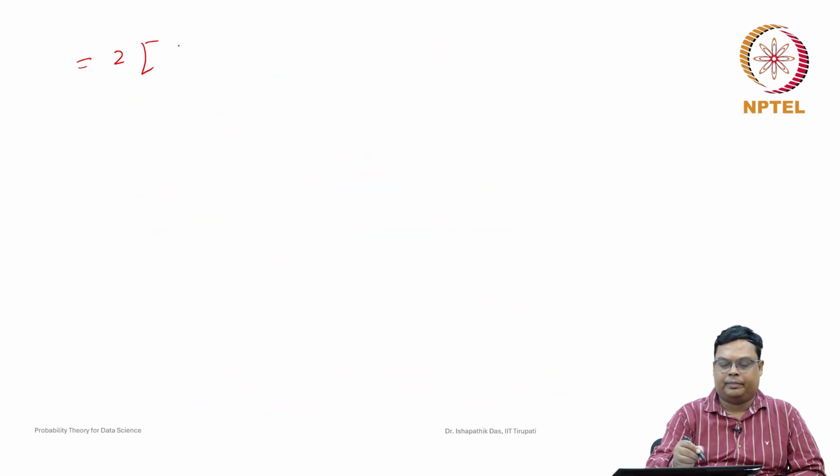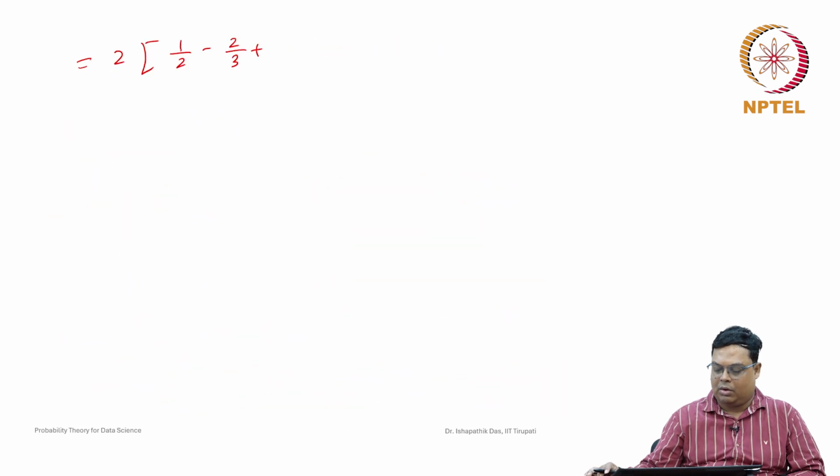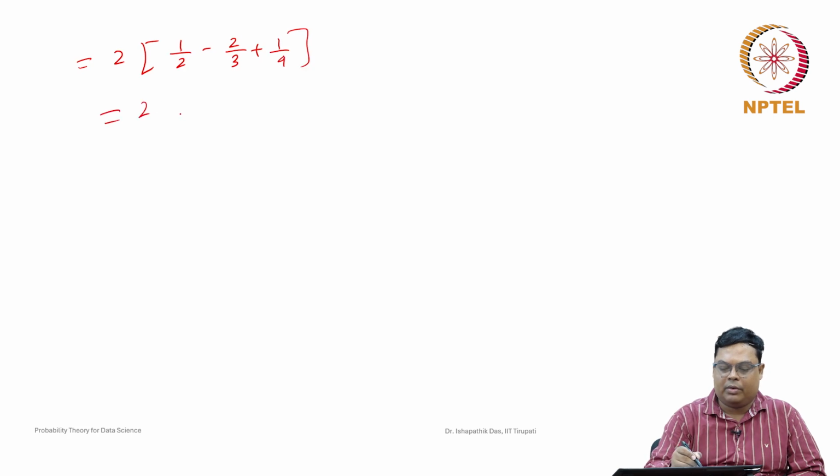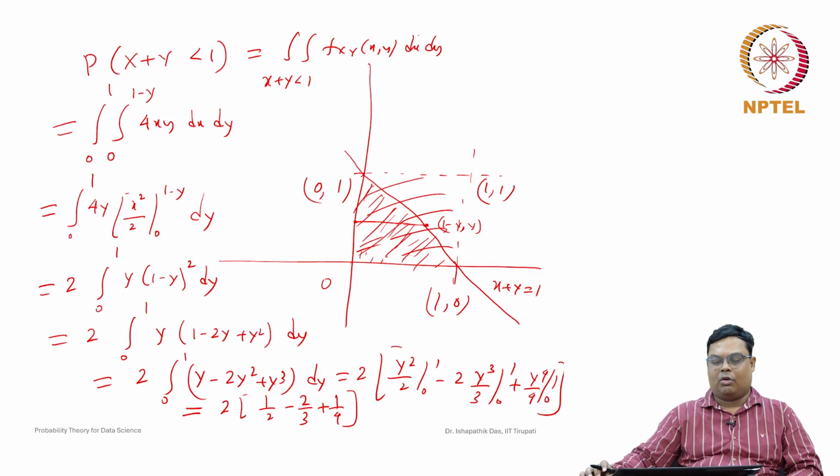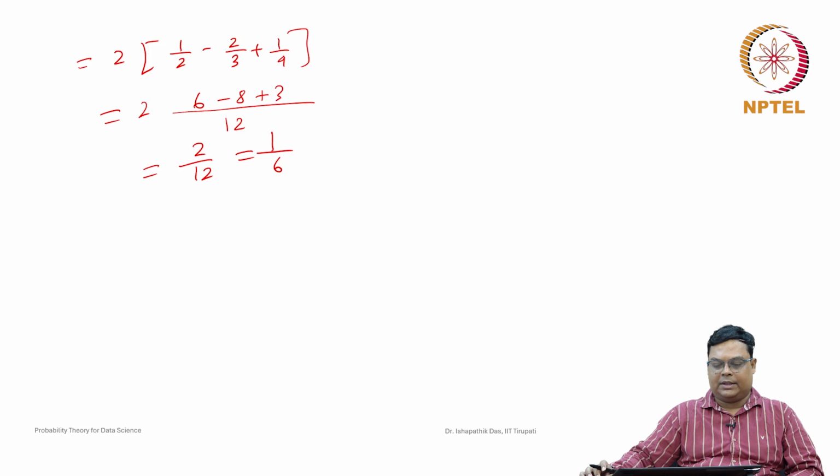This is just a numerical computation. Taking the common denominator 12, we get 6 minus 8 plus 3, which is 1 by 12, and 2 times that is 2 by 12, which is nothing but 1 by 6. So if these computations are correct, this probability is 1 by 6.